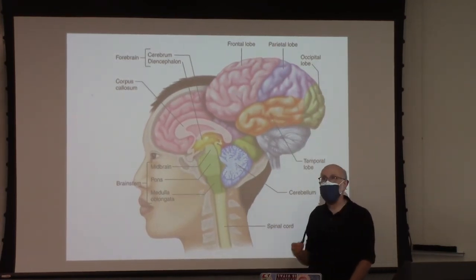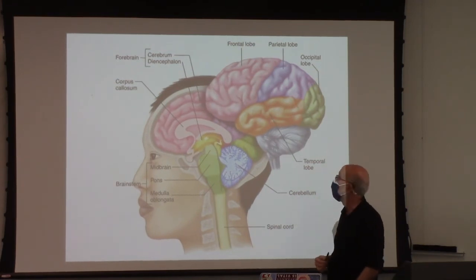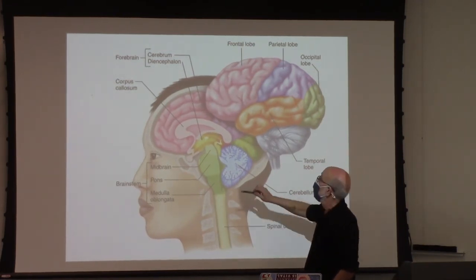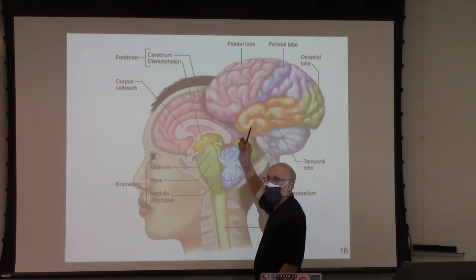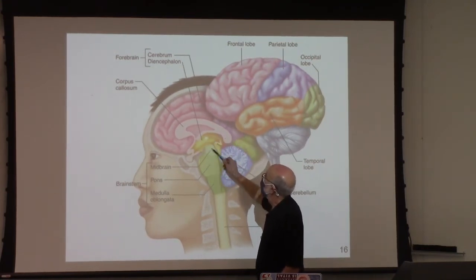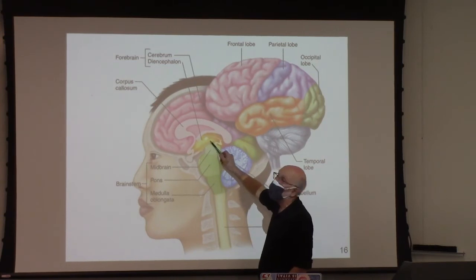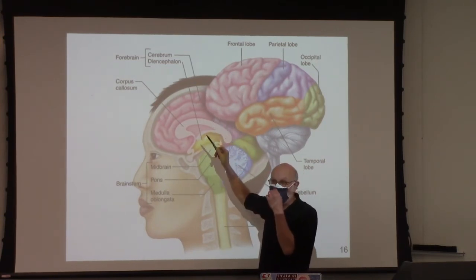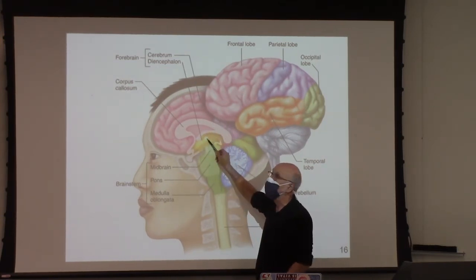That's neuroanatomy that I do want you to learn. If we cut open the brain and look at the midline sagittal section, there's an area here called the thalamus. So I want you to annotate your slide and write the word thalamus.